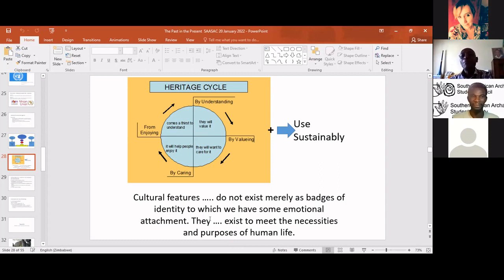We have to be in the present. That's why my title was The Past in the Present. We have to deal with the current realities, and we have to be more futuristic. We have to make a meaningful contribution on climate change. Who will contribute meaningfully on issues of climate change without the contribution of archaeologists and related professionals?